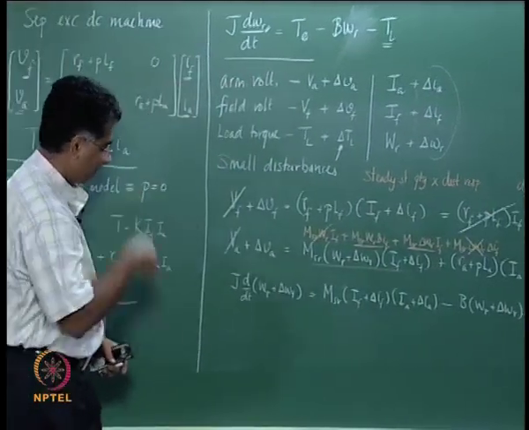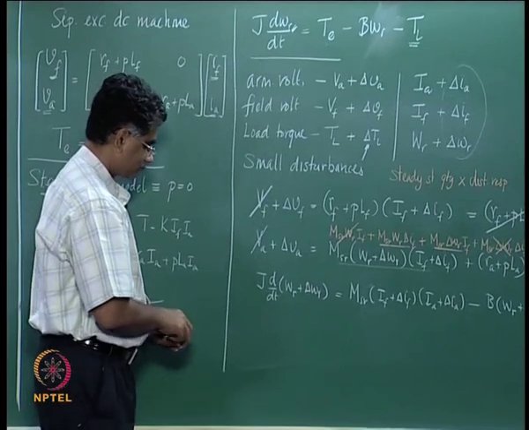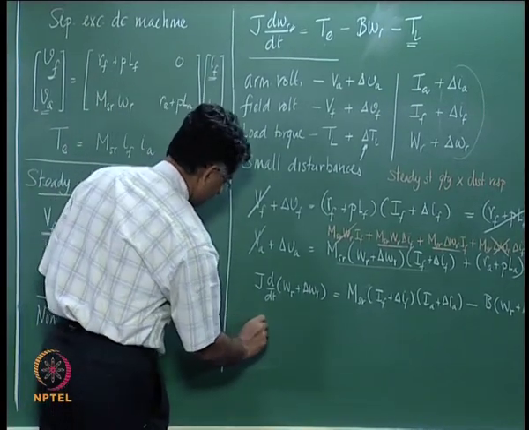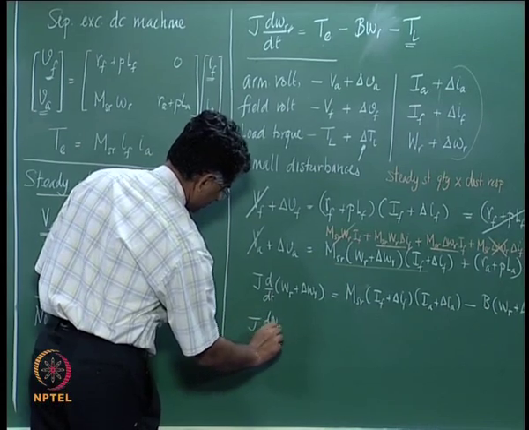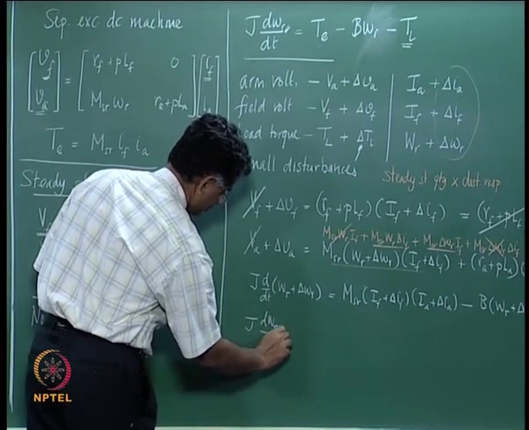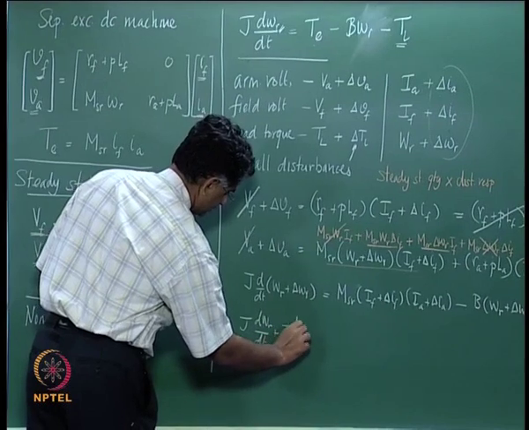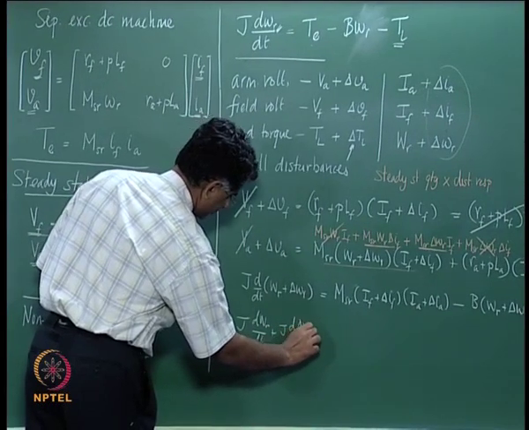Similarly, in the next equation, the left hand side can be written as J d omega r by dt plus J d delta omega r by dt.